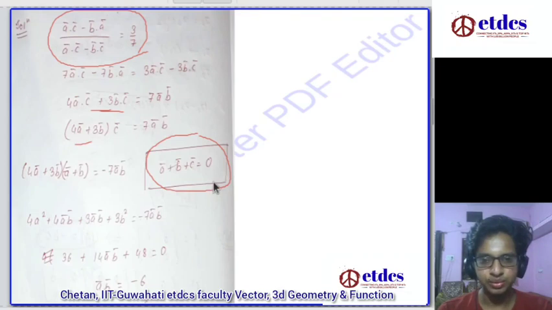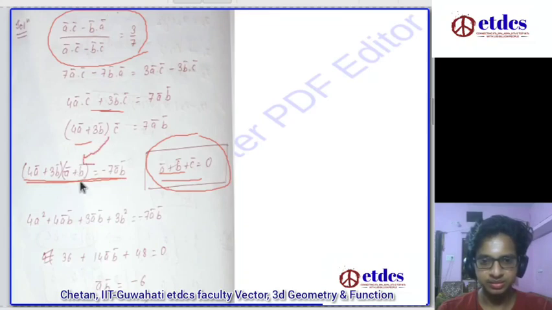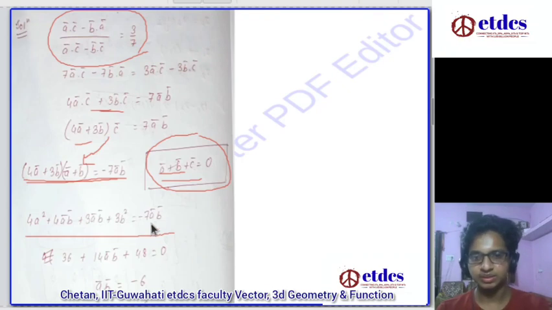Now from this equation we can substitute the value of c, so we get all terms in terms of a, b and a dot b. After simplifying, putting c as minus of a bar plus b bar, we get 4a square plus 4a bar dot b bar plus 3a bar dot b bar plus 3b square is equal to minus 7ab.